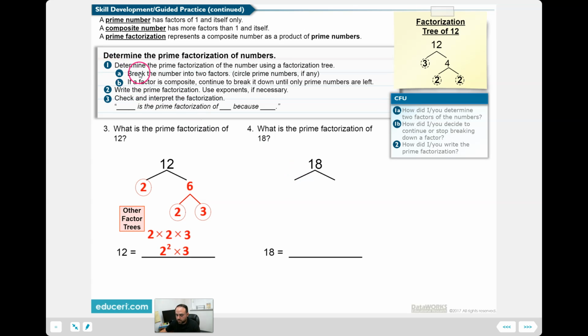Ready, read. And step 1b. Ready, read. All right, begin to break down the number 18 using any factor pair other than 1 and 18. You may begin."